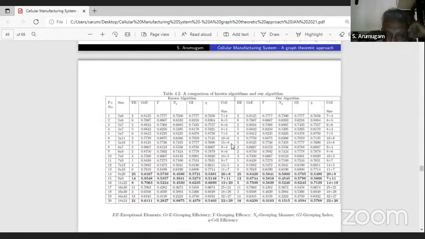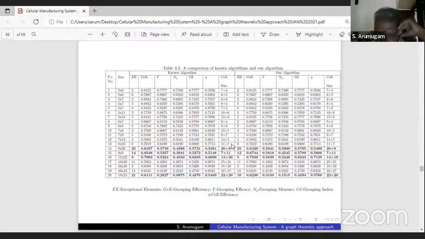So these 20 results are given in this table: 20 problems, the size of the graph, number of exceptional elements, and the other measures of efficiency. This is for the known algorithm as given in the original paper, and this is the algorithm that I have developed. And I got the answer from my algorithm.